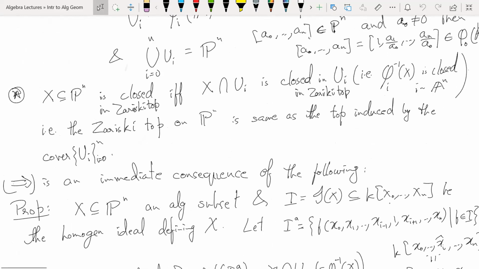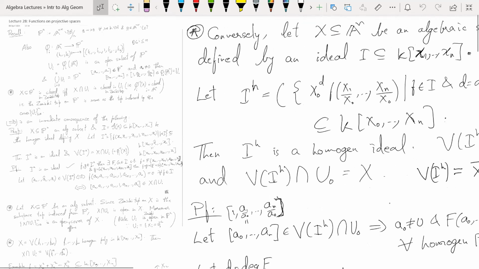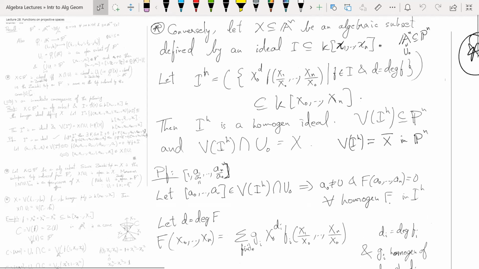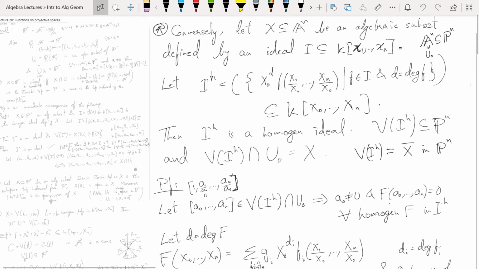For that direction, you can use this. So maybe I'll put that as homework, that reverse direction. And what you'll need is this particular statement, which you can call a proposition, conversely.